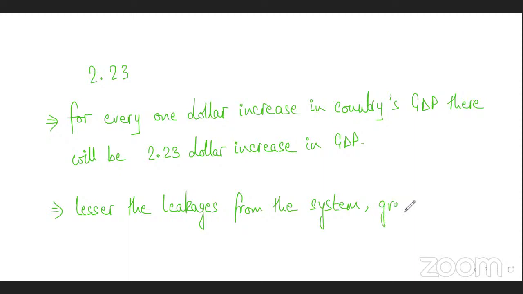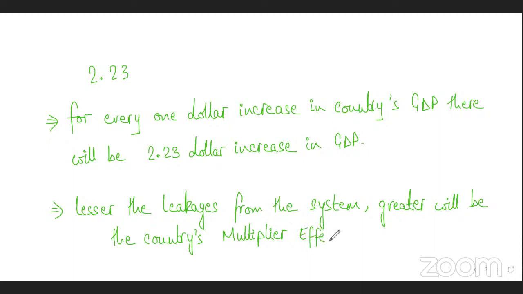The lesser the leakages from the system, the greater will be the country's multiplier coefficient, the greater will be the country's multiplier effect. Any confusion? Preet, is there any confusion, anything that you did not get?